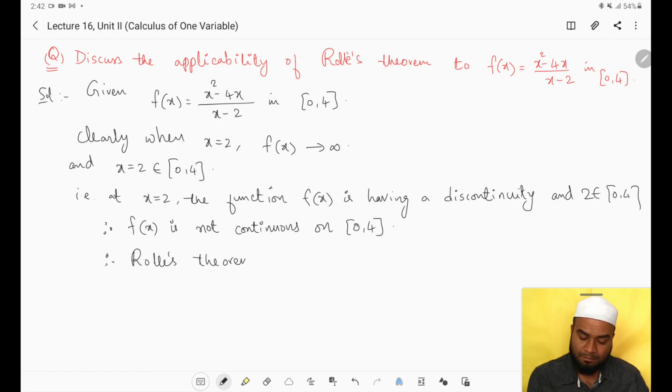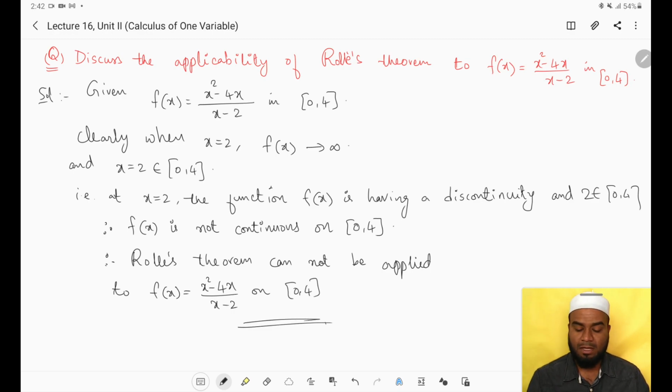Therefore Rolle's theorem cannot be applied to the function f of x equals x square minus 4x by x minus 2 on the closed interval 0 comma 4. So this is how we solve problems related to the applicability of Rolle's theorem, right?